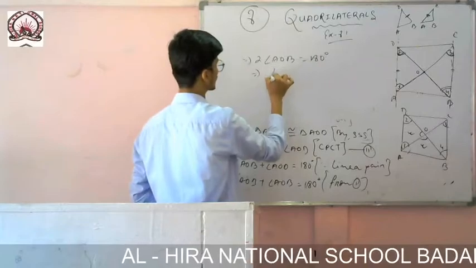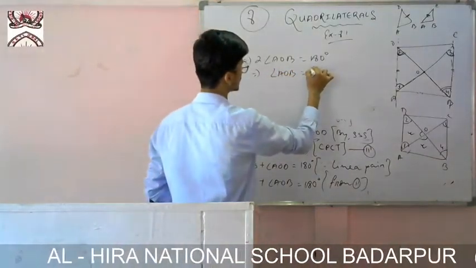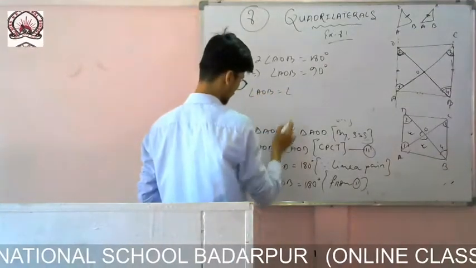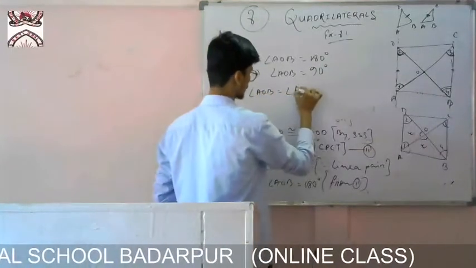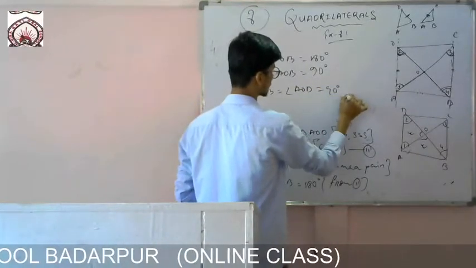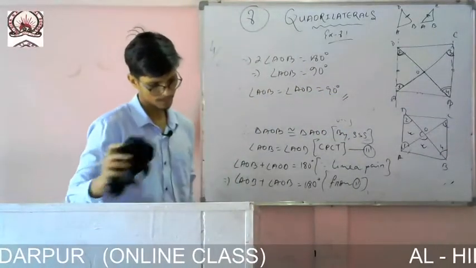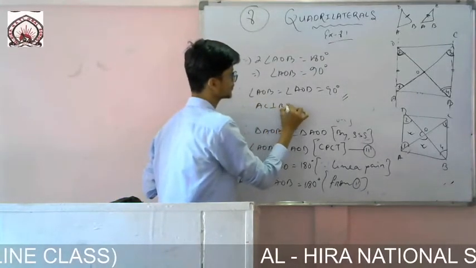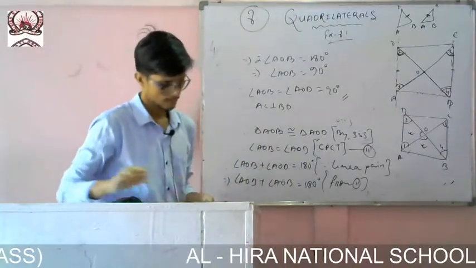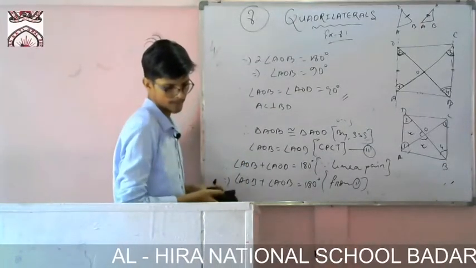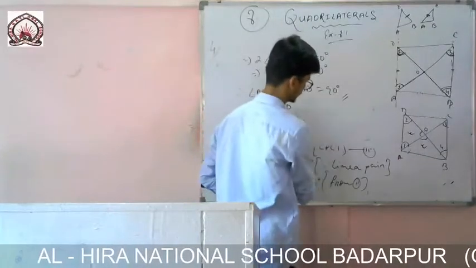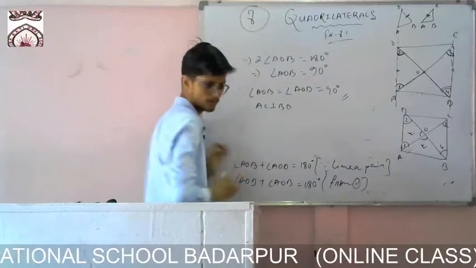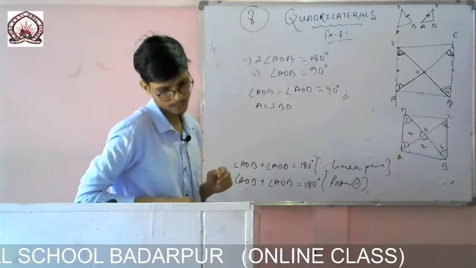Like earlier, the second one we have done. So it is 90 degrees. Therefore angle AOB is equal to angle AOD is equal to 90 degrees. So I can say, therefore AC is perpendicular to BD. Therefore they bisect each other at right angles.